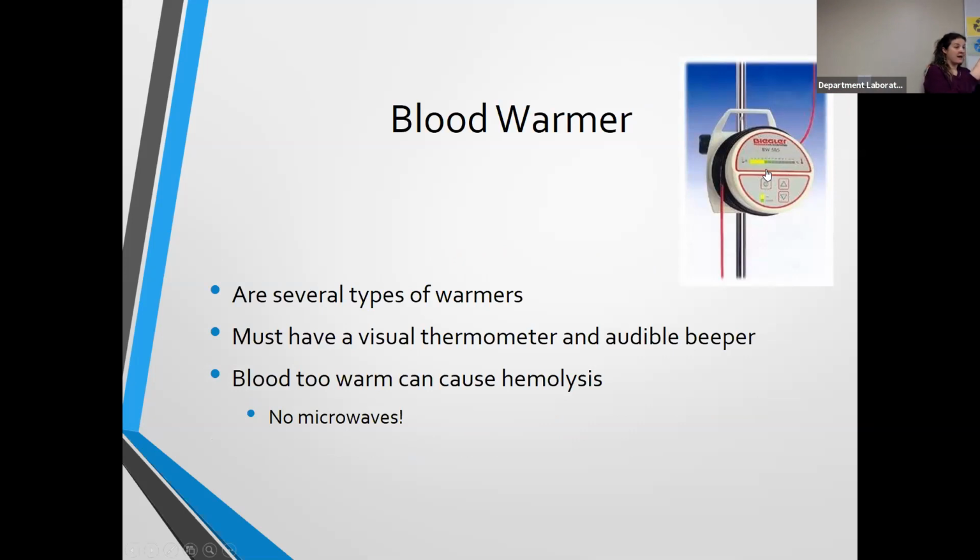They might do that in the OR or the ER when they are rapidly transfusing multiple units back to back, right? Because the units are very, very cold. So if they're rapidly transfusing that, we don't want our patients to go into hypothermic shock from the cold red cells, right? So that would be at a fast pace, multiple units at a very rapid pace. That you'll see in ORs and ERs, and if your patient has a cold reacting antibody, that would be the use of a blood warmer.